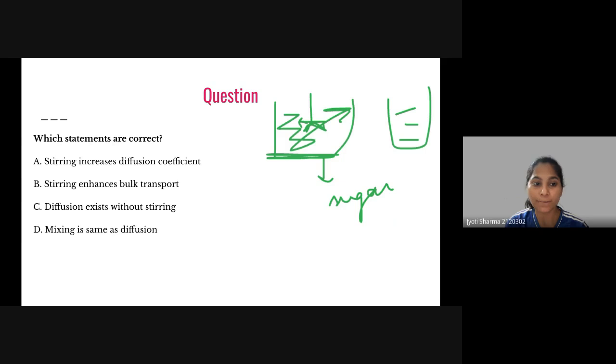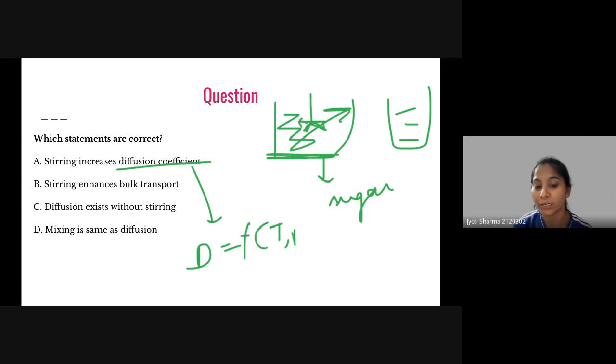Coming to the first option, stirring increases diffusion coefficient. No, stirring is not increasing the diffusion coefficient. Stirring means you are giving velocity. If you are moving or stirring it, you are giving velocity, and velocity is all about bulk transport. Stirring is not about the diffusion coefficient, because we know that the diffusion coefficient is a function of temperature, molecular weight, or viscosity, right?